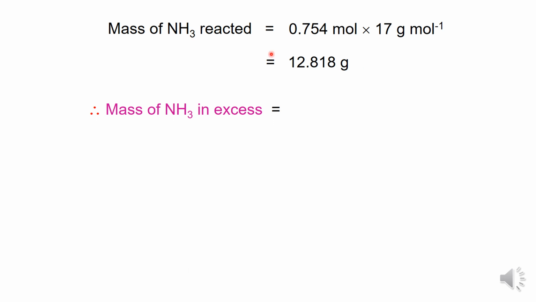How about the mass of ammonia in excess? 18 gram, the mass present, minus the mass of ammonia reacted. So we get the mass of ammonia in excess. The answer is 5.182 gram. Thank you.